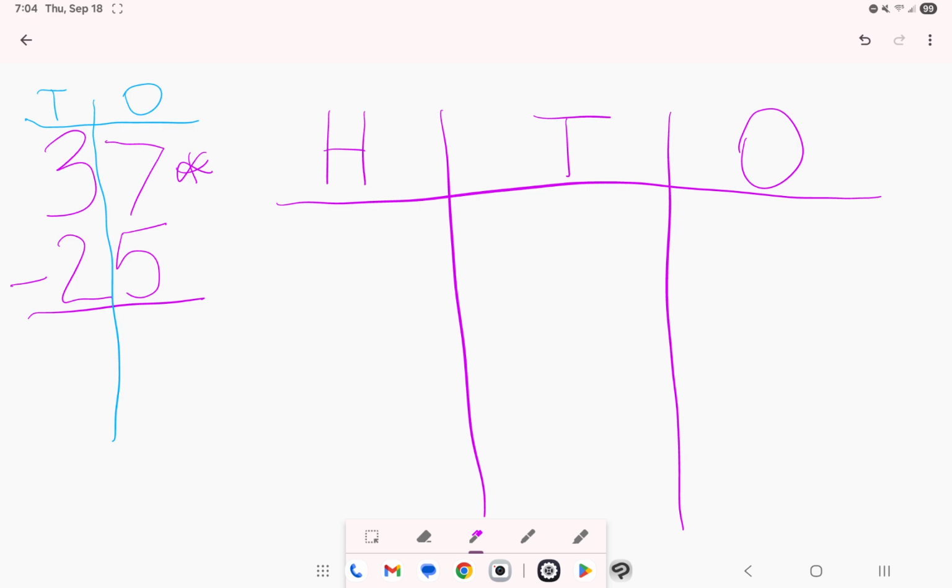Okay, so there are 3 tens in 37, so we're going to go 10, 20, 30 with the rods, and then there's 7 ones. So I'm going to make, just like in a 10 frame, 1, 2, 3, 4, 5, and then we're going to stop there.